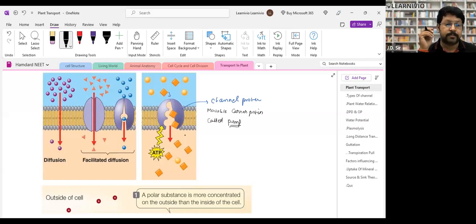That is, it takes place against the concentration gradient, and is faster than passive transport.